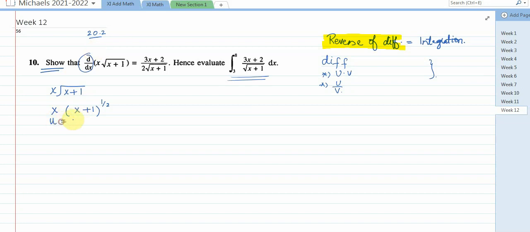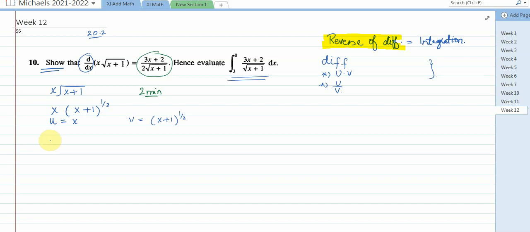So u is equal to x and v is equal to x plus 1 to the power 1 upon 2. First you need to give it a try by yourself, differentiate the function and prove that it is equal to this one. For this part you have a time of 2 minutes, so start.